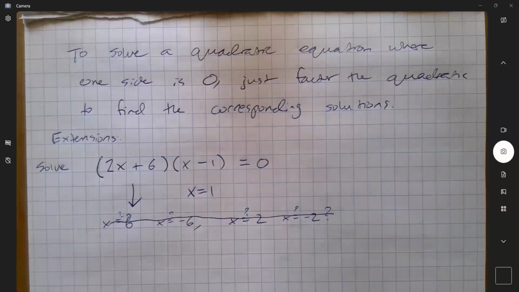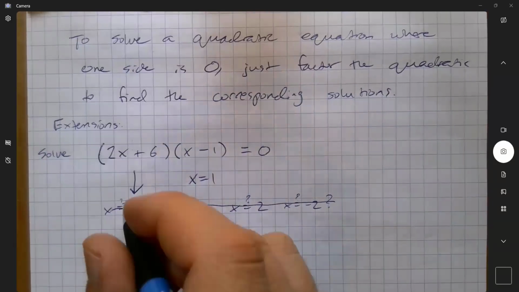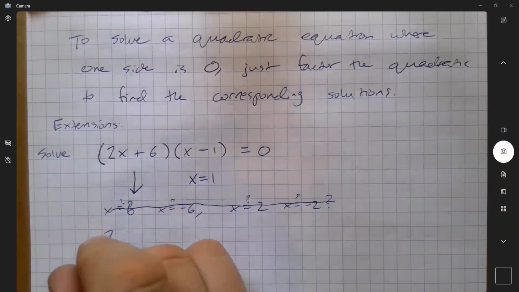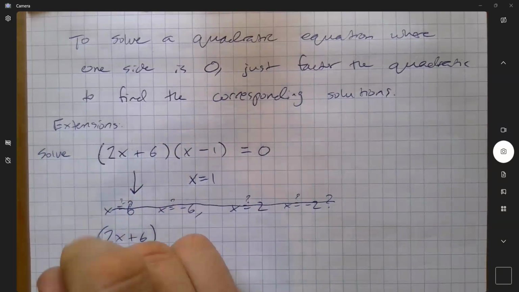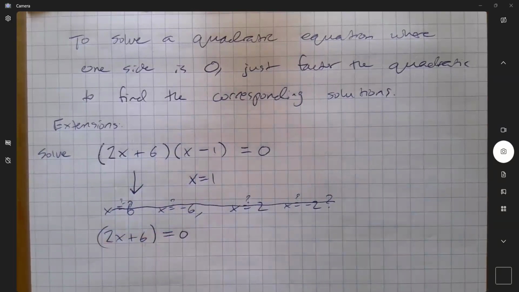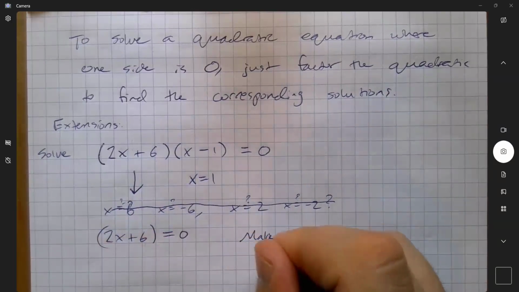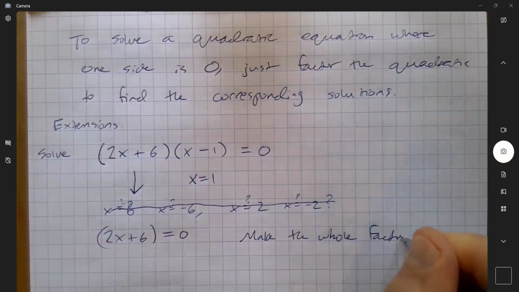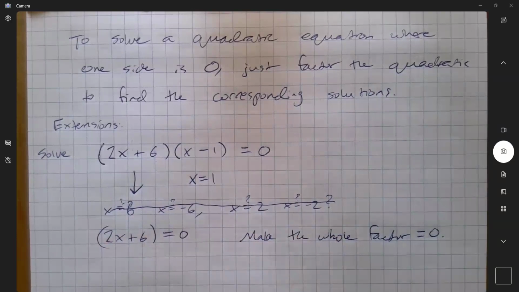None of those are the way to do it. The way to do it is simply say, if I have 2x plus 6 times something, I want that whole factor to equal 0. So make the whole factor equal 0.